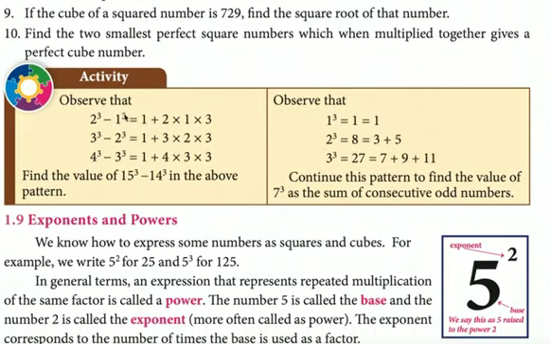Now activity: observe that 2 cube minus 1 cube is 1 plus 2 into 1 into 3, that is 7, okay. 3 cube minus 2 cube, 27 minus 8, can be written as 1 plus 3 into 2 into 3. 4 cube minus 3 cube is 1 plus 4 into 3 into 3.